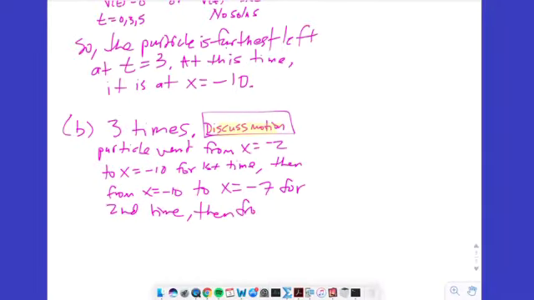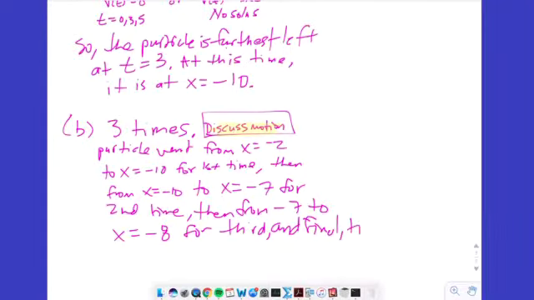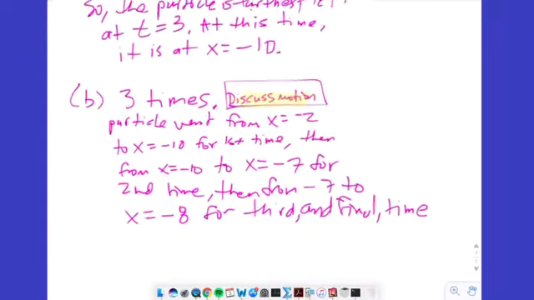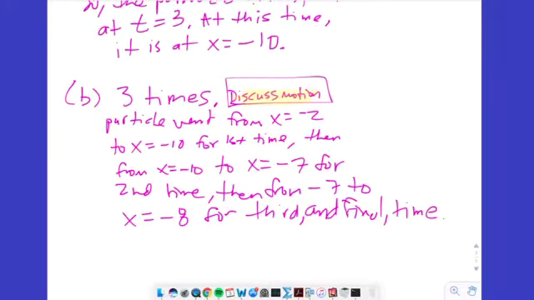Then from -7 to x equals -8 for the third, and you might want to add this, and final, but you don't have to actually say that. It's just kind of nice, and final time. And I know my handwriting's horrendous, but there you go. So the key words here that describe movement are the whats? From, to, from, to, from, to. There you go. That was enough to get full credit for the explanation.